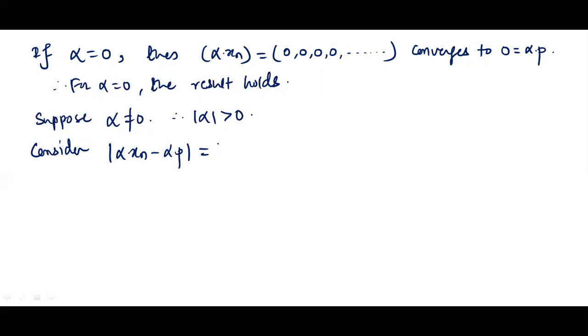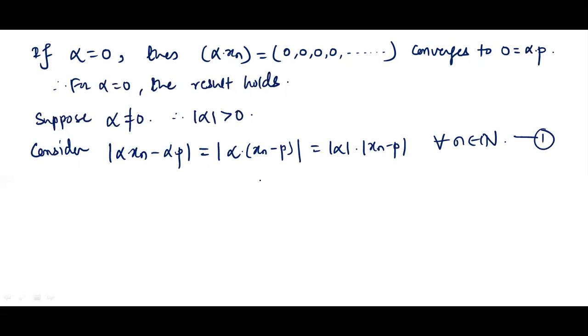We can write this term, from both terms we can take alpha common and remains alpha into xn minus p, and by separating mod we'll write mod of alpha into mod of xn minus p, and note that it is true for any natural number n. Okay, call this as 1.